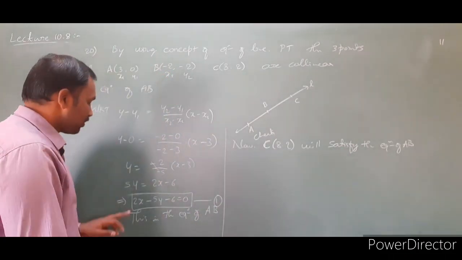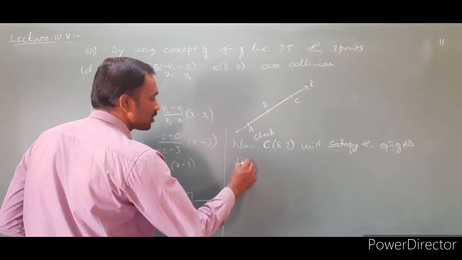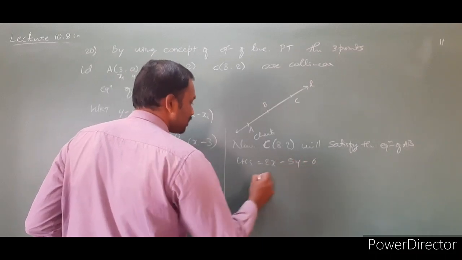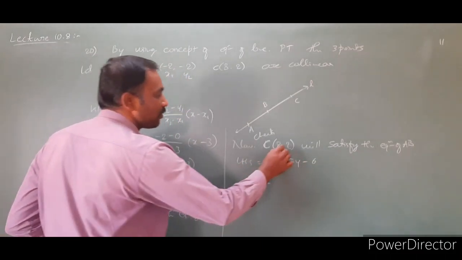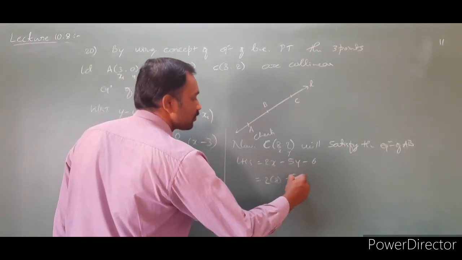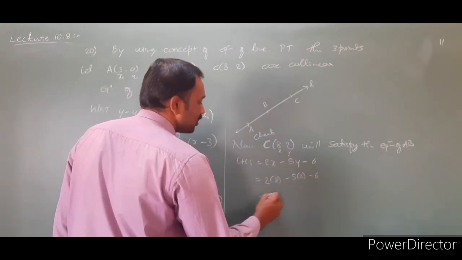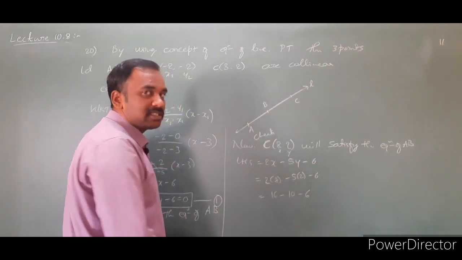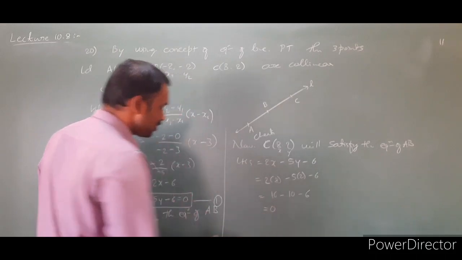What will happen? We'll just take the LHS. What is the LHS? 2x minus 5y minus 6. What is x and y? x is 8, y is 2. 2 into 8 minus 5 into 2 minus 6. 16 minus 10 minus 6. Minus 10 minus 6 is minus 16. Minus 16 plus 16 is 0.